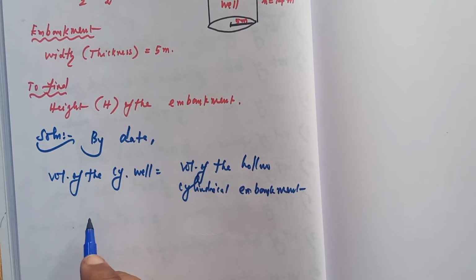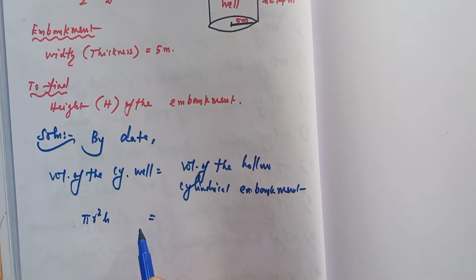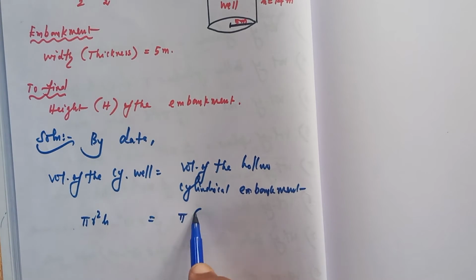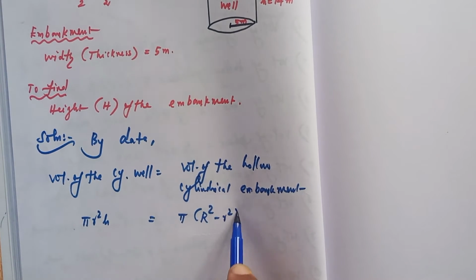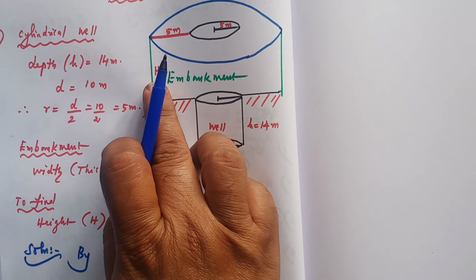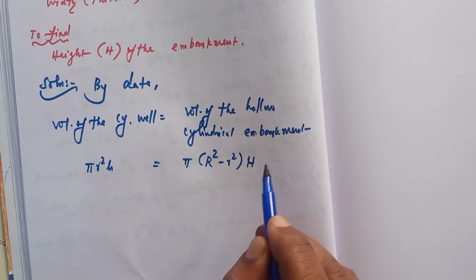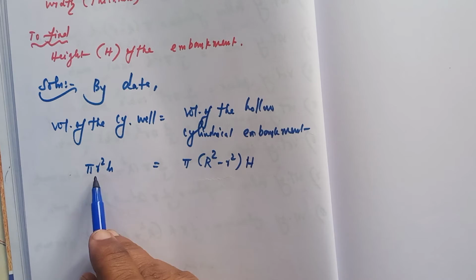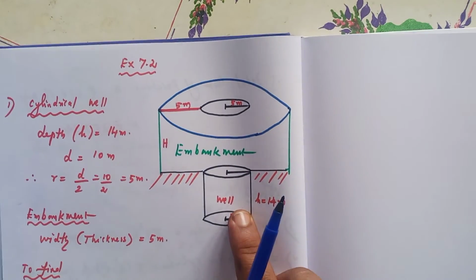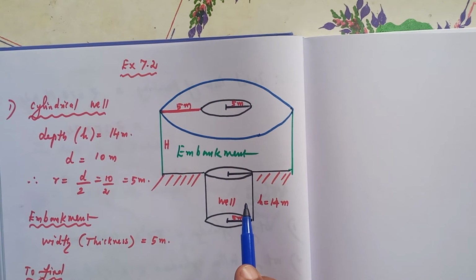Volume of a cylinder, formula pi r squared h. Volume of hollow cylindrical embankment, formula pi into capital R squared minus small r squared into h. Here we consider capital H as the height of the embankment. For both the cylindrical well and the embankment, small r is the same, 5 meter.